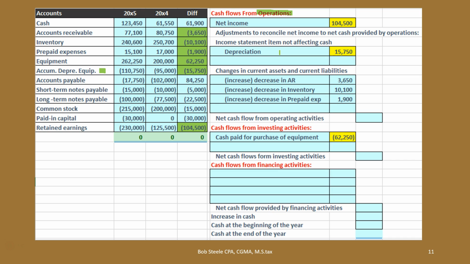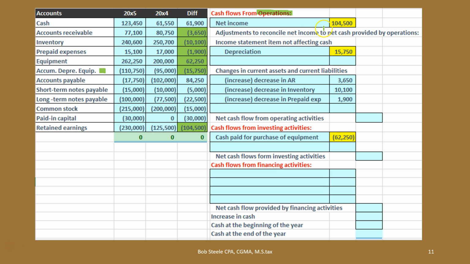cash. What does that mean? Well, it means that within this net income of 1045, there is depreciation, which had nothing to do with cash, because we debited depreciation expense and credited accumulated depreciation, which has nothing to do with cash at that point in time. At that point in time, no cash was affected. Depreciation expense decreased net income, and on a cash basis, it shouldn't have.